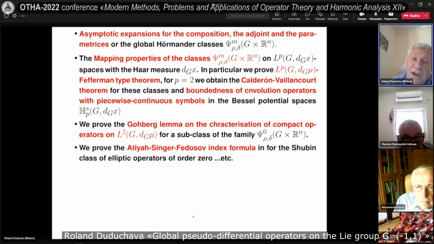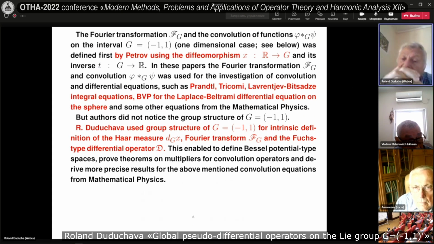Okay. The Fourier transformation and the convolution of functions on the interval (-1, 1) in the one-dimensional case was defined by Petrov using a diffeomorphism. He just defined it as an image of this diffeomorphism of the axis to the interval (-1, 1).